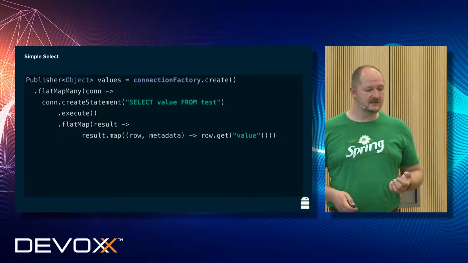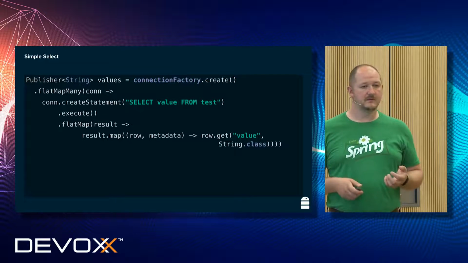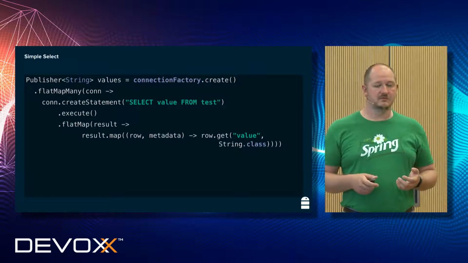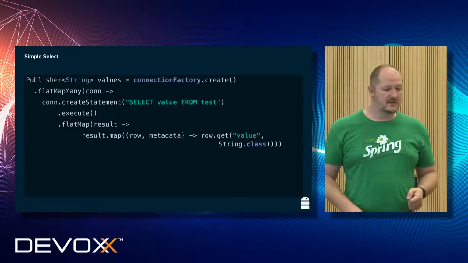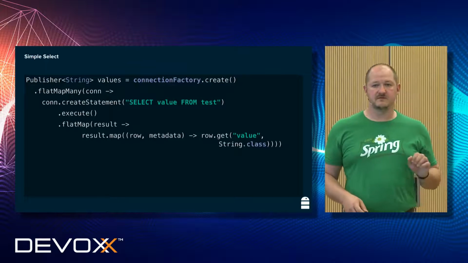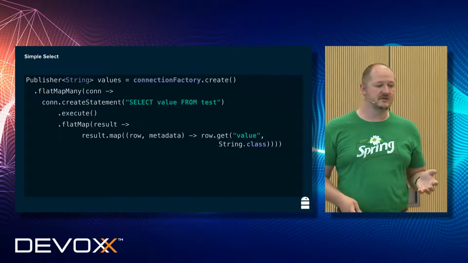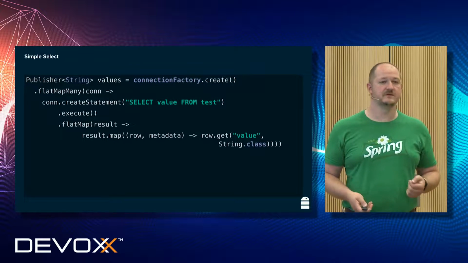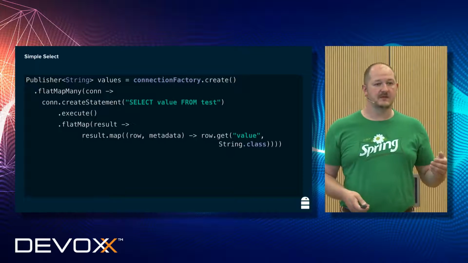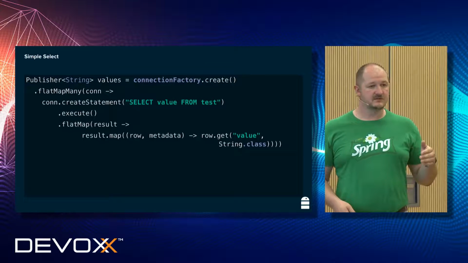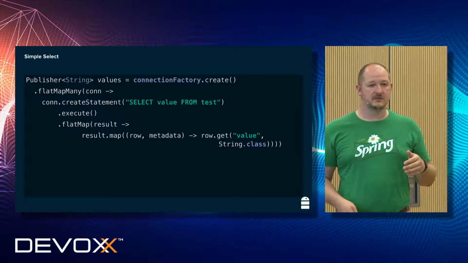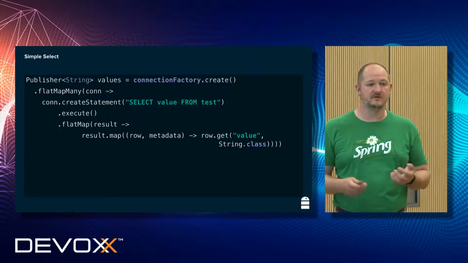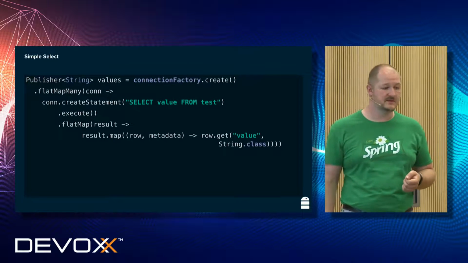To make this at least a little bit more usable, we can pass in a type hint and say, okay, when I call get on my value column, then I'm expecting this to be a string, and the driver takes care to return me a string representation of the value, and effectively this turns my result into a publisher of string. And the publisher of string will emit as many strings as rows I'm getting, so I'm directly passing this stream of results back to whoever is going to consume that publisher of results.